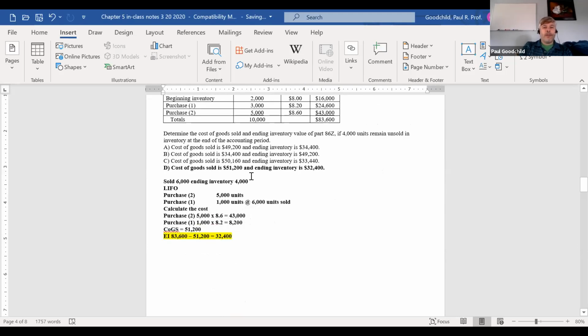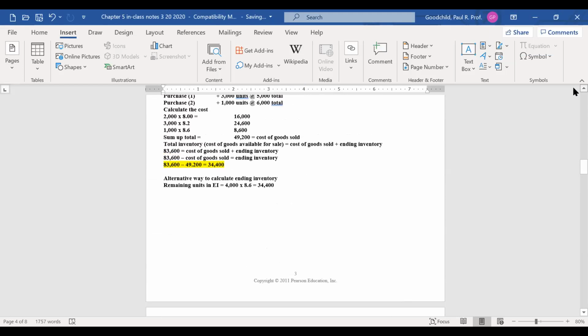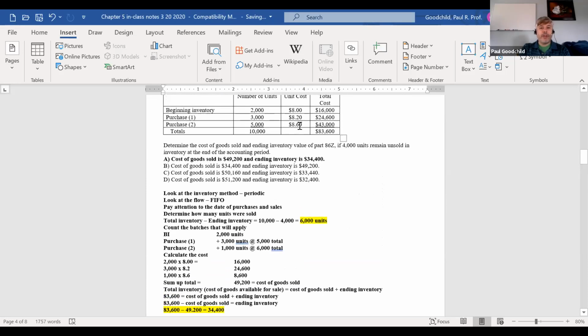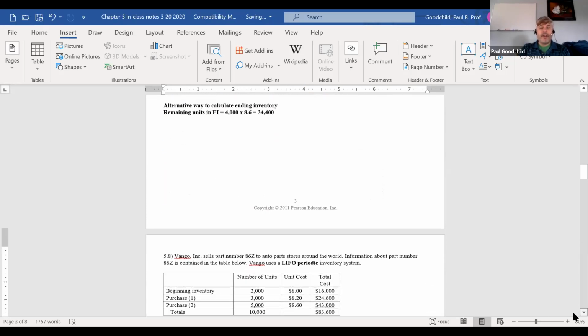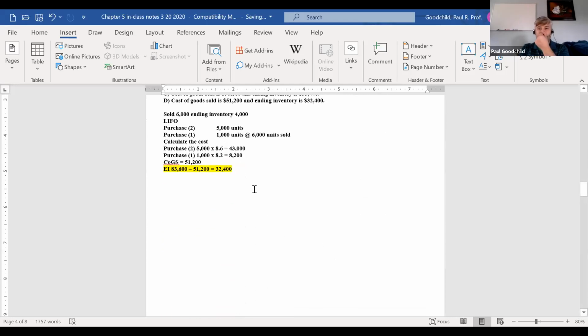So if you see the prices changing, you'd expect to have different figures. And what I said earlier, we saw a pattern here where the prices are increasing. Notice that our cost of goods sold is less using FIFO than it would be using LIFO. Any questions?